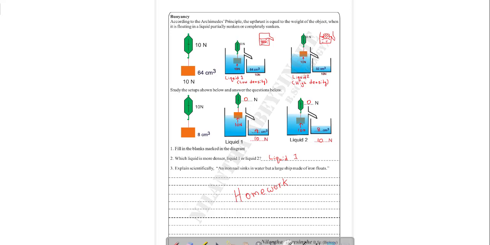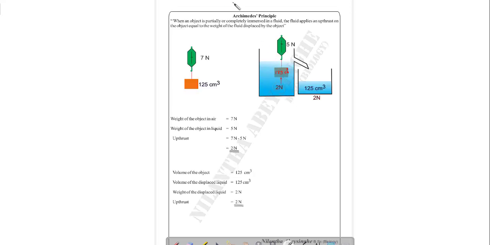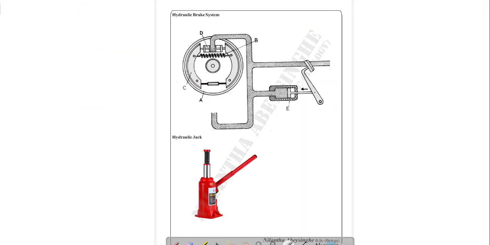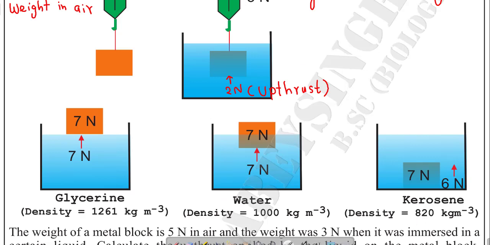And another thing I explained: when the density is smaller, because it is a low density liquid, the upthrust is smaller. It applies only a little upthrust. When the density is greater, children, the object floats much higher. This one is the greatest density.